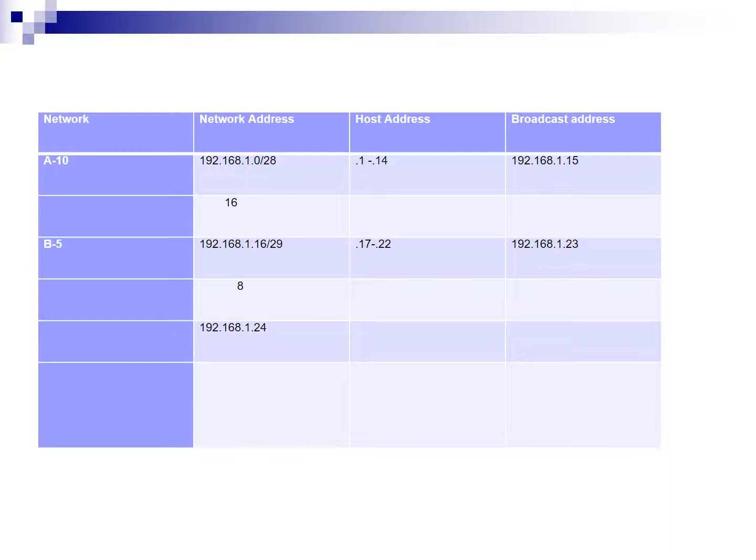With our spacing, which is 16, we know that the broadcast address for us would be at 16, because the following network address we'll be having would be 192.168.1.16/29.